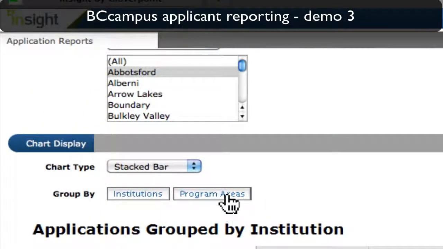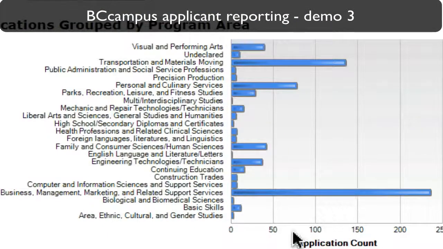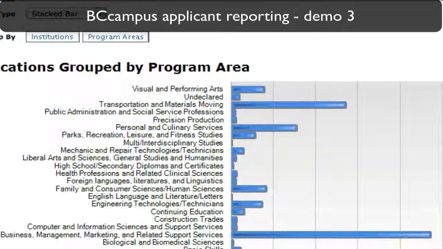We could look and see within Abbotsford what kind of breakdown in terms of program choice those individuals were making. It's quite varied, a lot into transportation areas as well as the business programs.